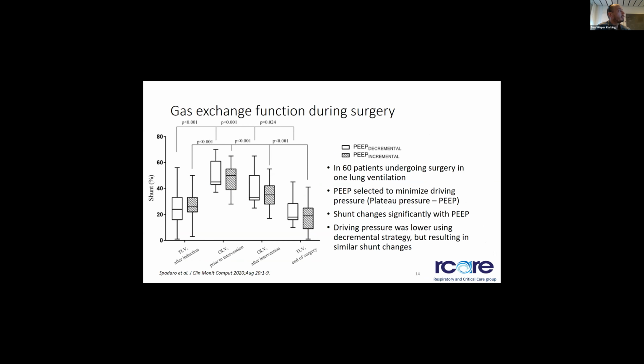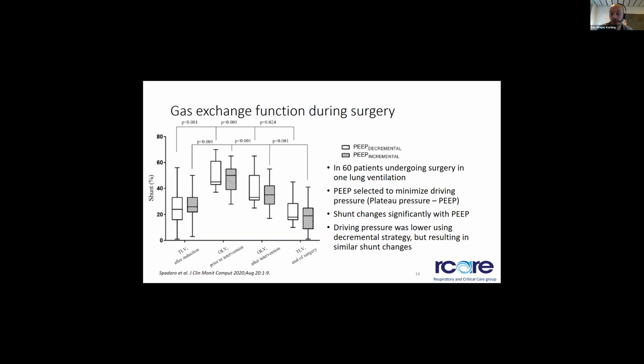A recent publication investigated the use of ALPI during surgery to guide the selection of PEEP in patients undergoing one lung ventilation. PEEP was selected to minimize driving pressure.